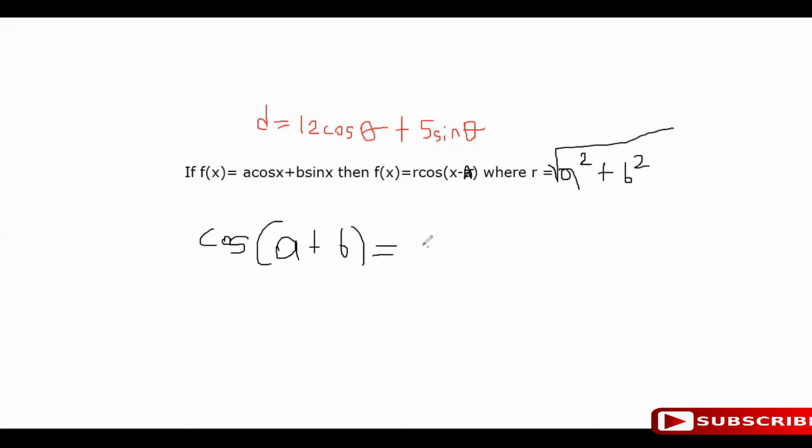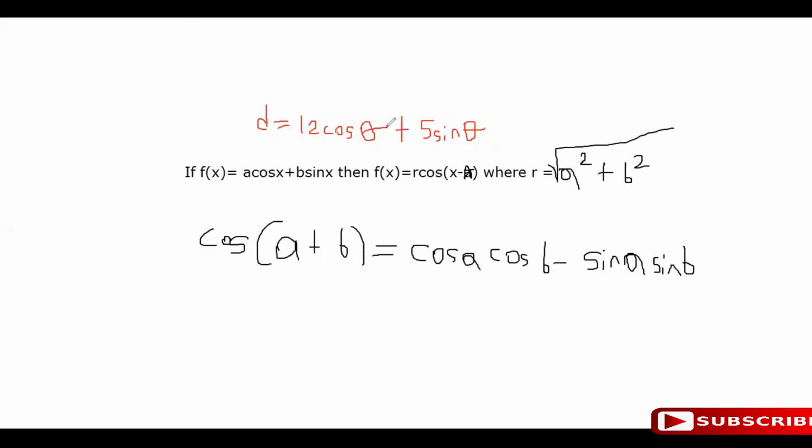Cosine of A plus B is cosine A cosine B minus sine A sine B. That's compound angle formulas, right? We know this is true.